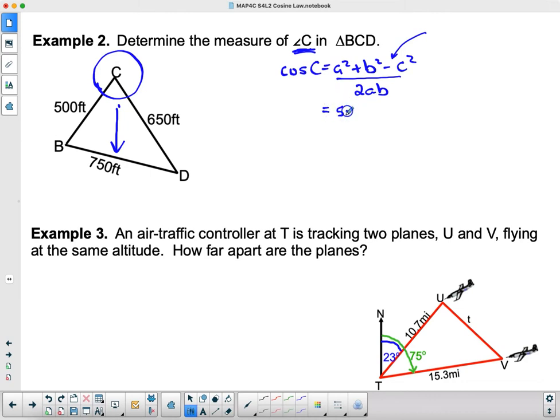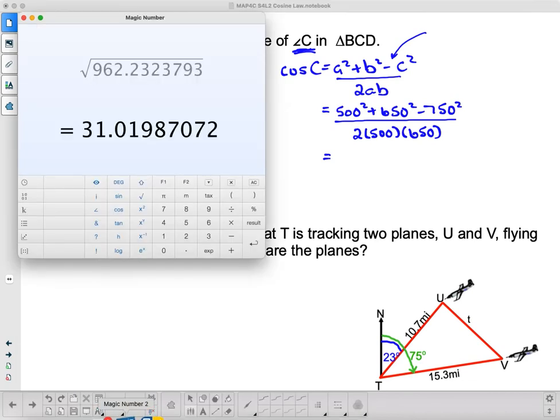So this is going to be 500 squared plus 650 squared minus 750 squared, because 750 is across from the angle we're finding, divided by 2 times 500 times 650. Now we're going to plug into this. Let's pull up the calculator again. I'm going to do this in a few different steps.